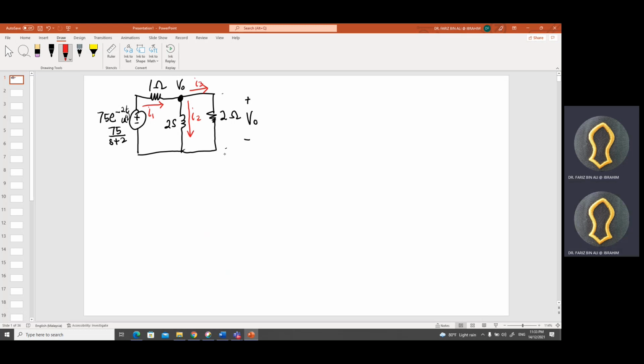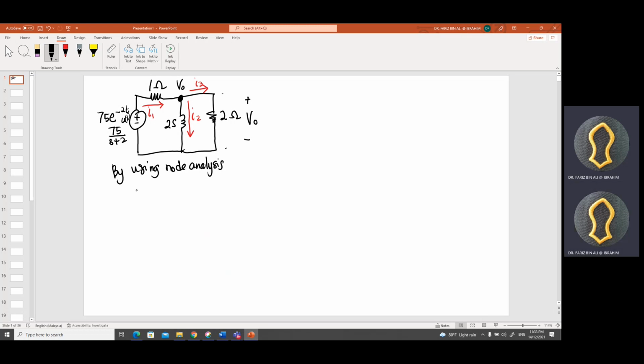Okay, that's it. So using node analysis, I have to get the KCL, Kirchhoff current law, at node V node.